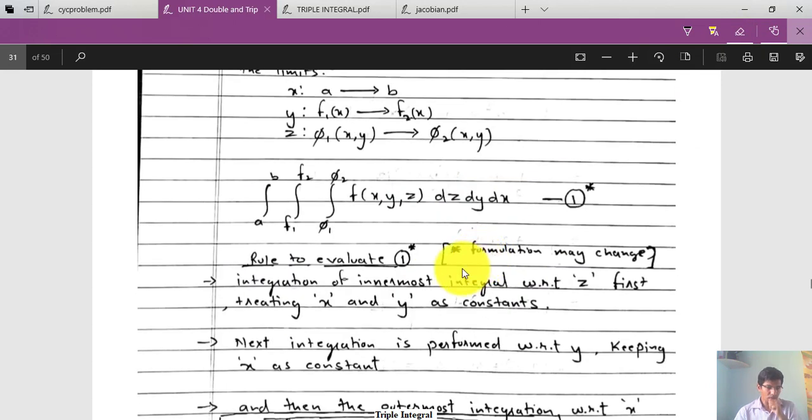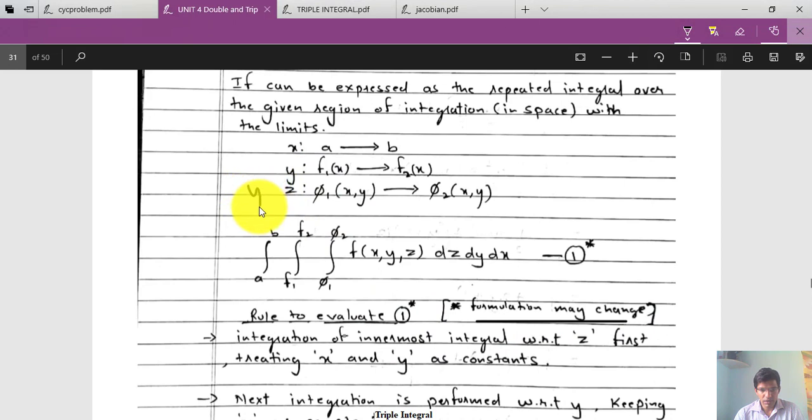Now the rule to evaluate this equation 1. I have written that the formulation may change, that is at certain instants this might be y, and it can be expressed in terms of x and z also. That is the reason I have written that the formulation may change depending upon the geometry, right?